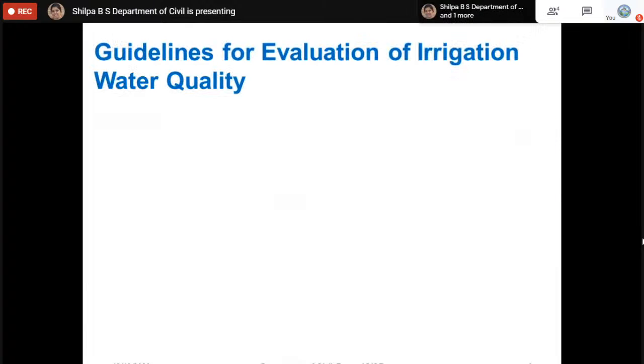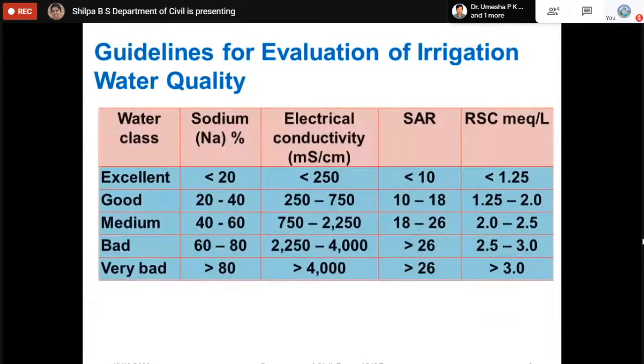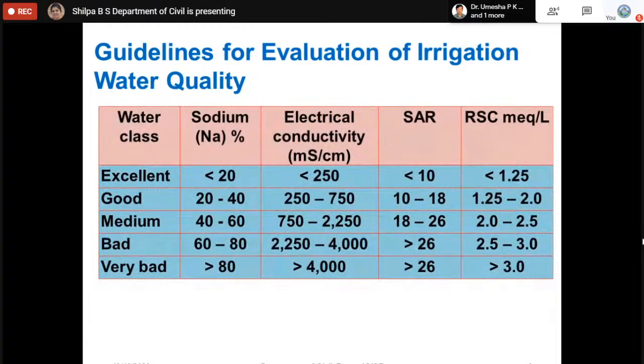And here, the most important are the guidelines given by the CPCB to evaluate the irrigation water quality. The most important parameters they have given are sodium, electrical conductivity, sodium absorption ratio, and residual sodium carbonate. Based on these parameter values, we can decide under which particular class that water falls: excellent, good, medium, or bad.